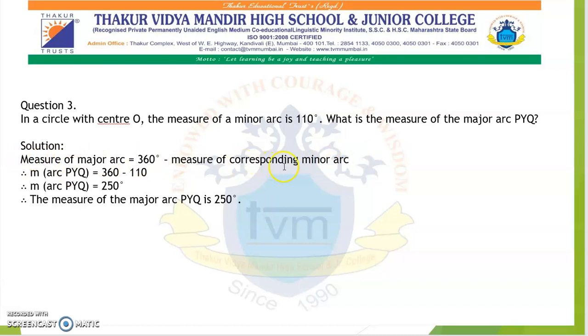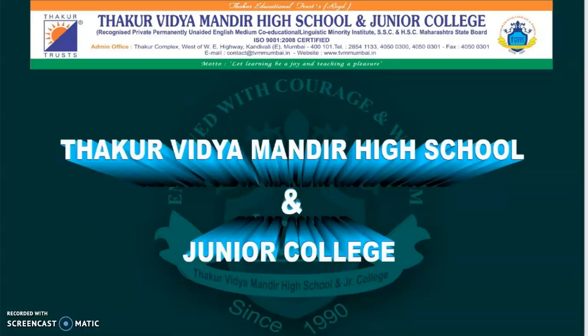Remember this formula, children. Whenever you want to calculate the measure of major arc, the formula will be 360 degree minus measure of corresponding minor arc. It was already given. Measure of arc PYQ, the major arc, is equal to 360 degree minus 110 degree. Therefore, measure of arc PYQ we get 250 degree. Therefore, the measure of major arc PYQ is 250 degree.